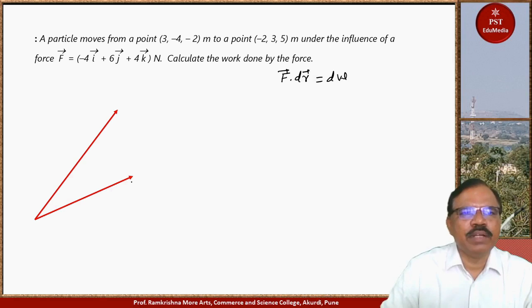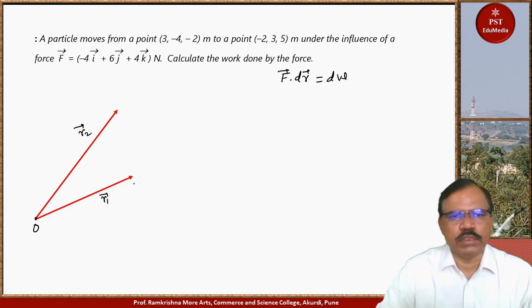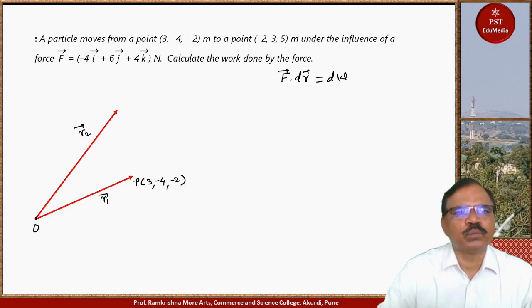So here we will take two vectors, R1 and R2, from some origin O. Suppose this is point P with coordinates 3, minus 4, minus 2, and this point is Q, minus 2, 3, 5.